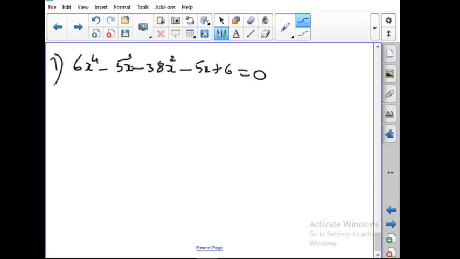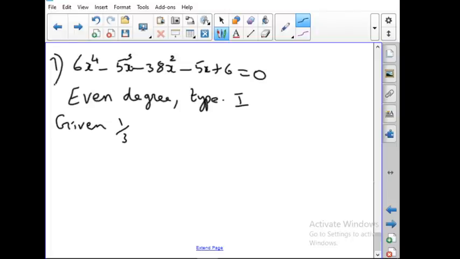So here, check this. So degree is 4, so it is even degree. And see the coefficients plus 6, minus 5, minus 5. So it is type 1. So given 1 by 3 is a solution.